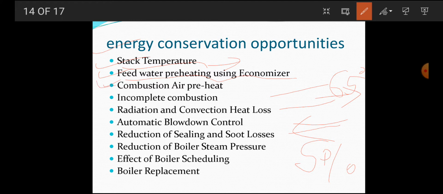Then next is combustion air preheat. The air inducted into the boiler should be preheated, as an alternative to feed water heating.